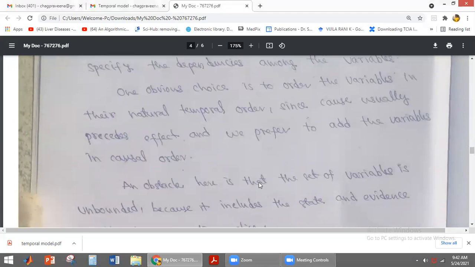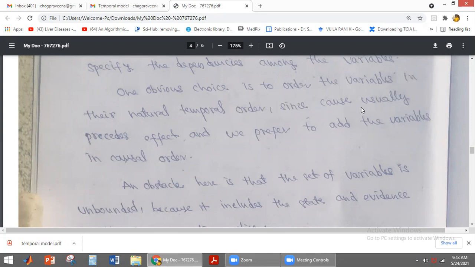So how do you obtain the dependency among the variables? First, we have to order the variables in natural temporal order depending on the time. Which variable starts first will be considered first. The temporal model is based on time, so the variables will be ordered in temporal order.